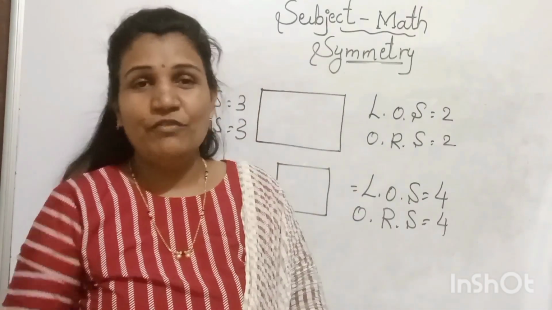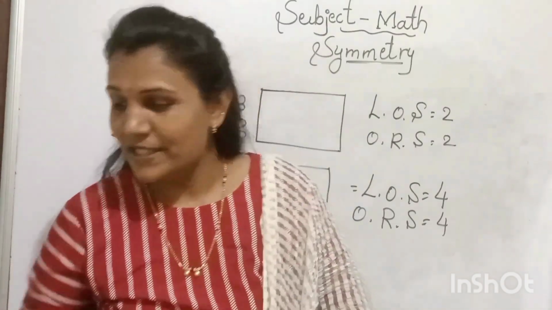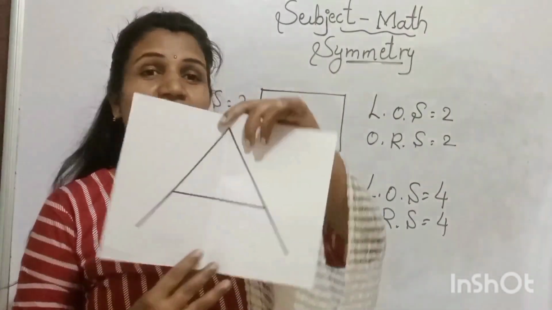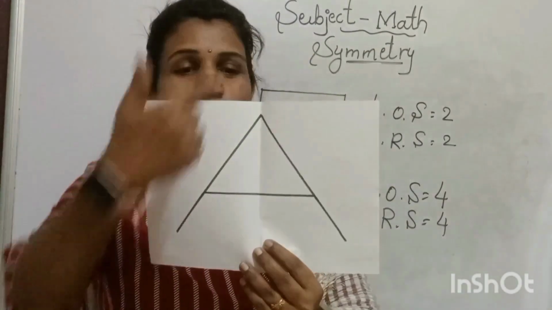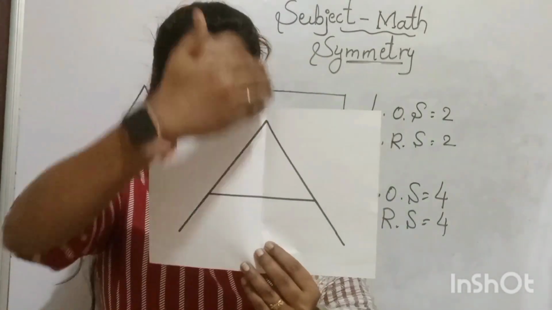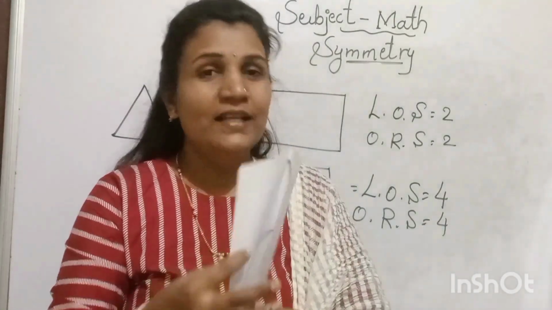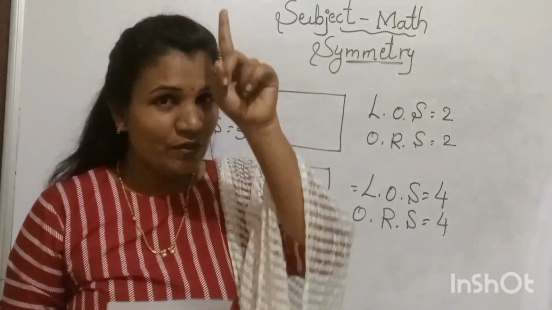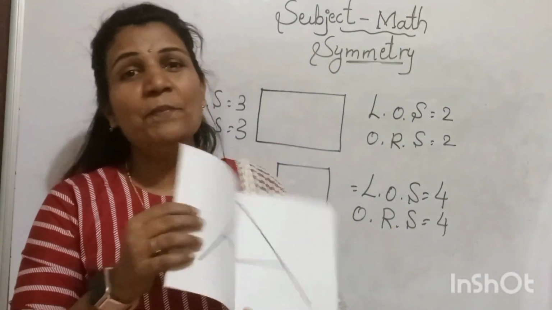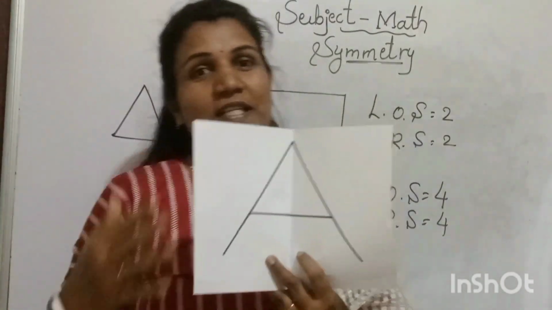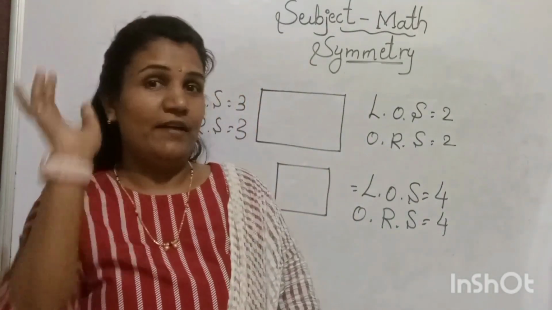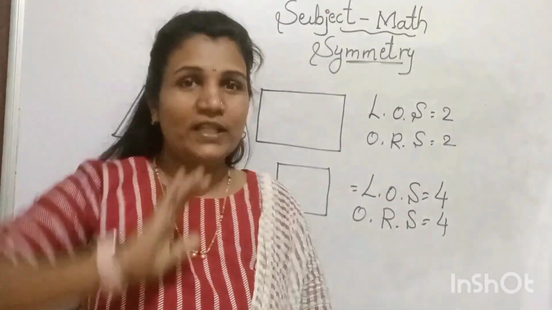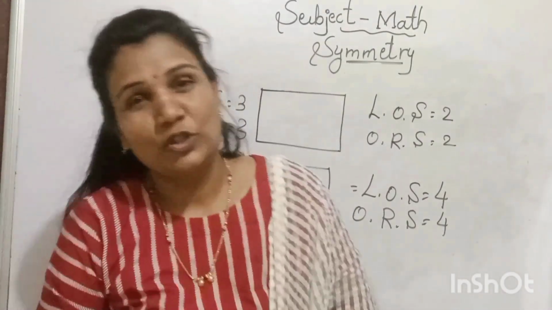An example is E for this, and A is an example for vertical: the letter A has a vertical line of symmetry. If you fold vertically, we will get a straight line by folding both sides of this letter A. And the letter E has a horizontal line of symmetry; if you fold it horizontally, it will superimpose on both sides.